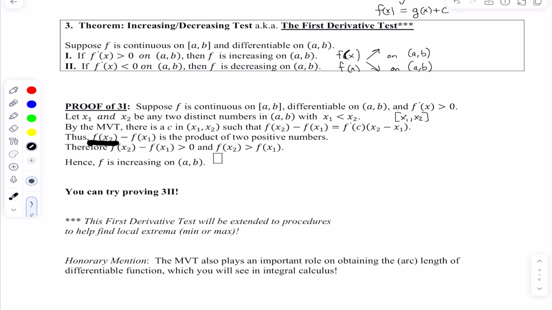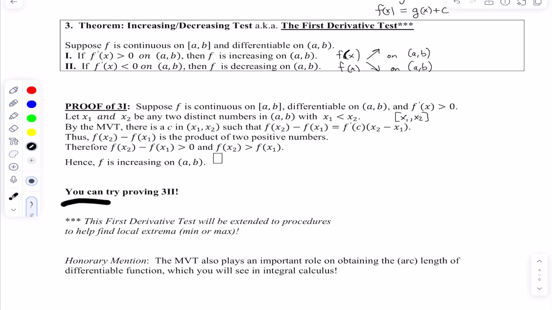Now, f of x2 minus f of x1 is the product of two positive numbers. There is a positive number, and there is a positive number. Stating that inequality, and then if you state this first inequality, we could obviously state the second inequality, and that is the definition of a function increasing on an interval AB.